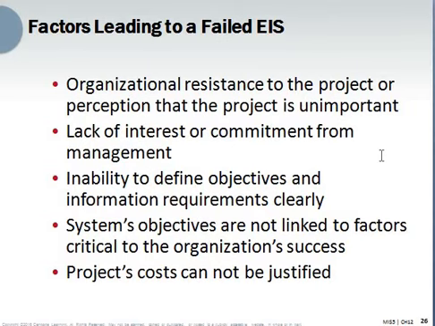We will not get any benefit from that. Lack of interest or commitment from management. Inability to define objectives and information requirements clearly. System objectives are not linked to factors critical to organization success. The project's cost cannot be justified. These are the reasons projects for developing EIS can fail.